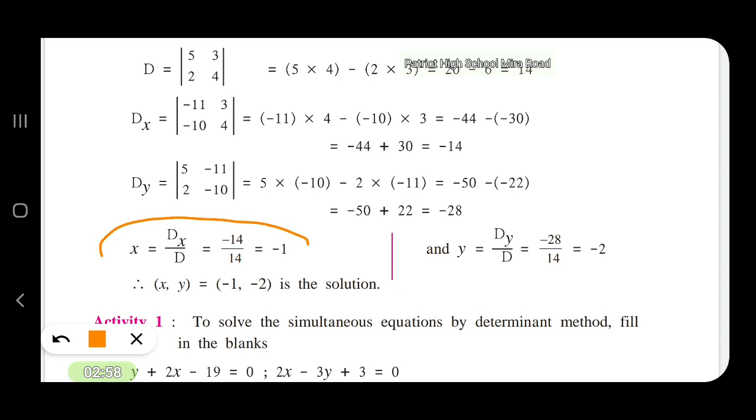So the value of x is minus 1. Now y, finding y, Dy upon D. So Dy is minus 28 upon D is 14. So minus 28 upon 14 will give you minus 2. So the values of x and y obtained are minus 1 and minus 2. So this is the solution.